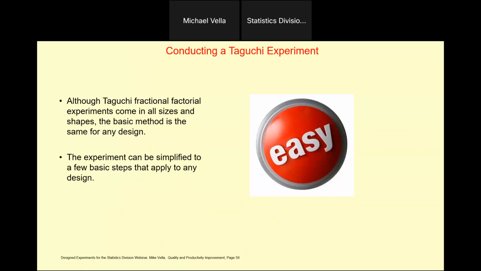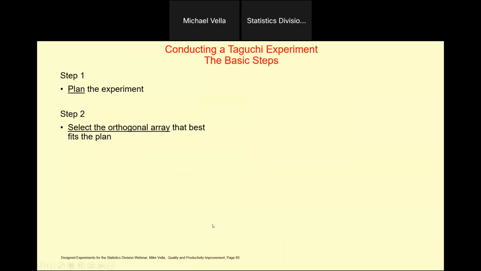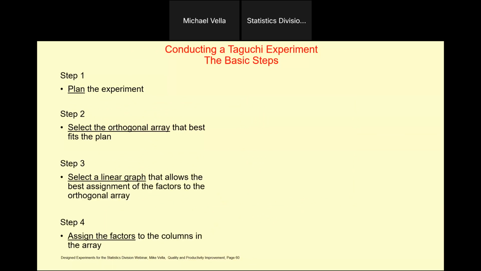So although Taguchi's fractional factorial experiments come in all sizes and shapes, the basic method is the same for any design. And the experiment can be simplified to a few basic steps that apply to any design. First is to plan the experiment, and again, with the people who know most about the process. Then you select an orthogonal array that best fits the plan.